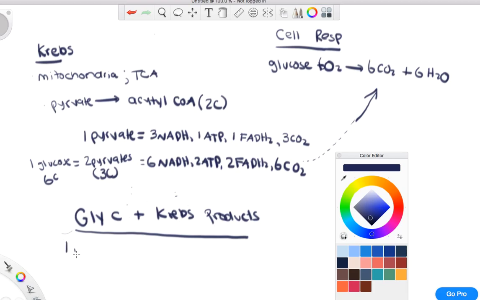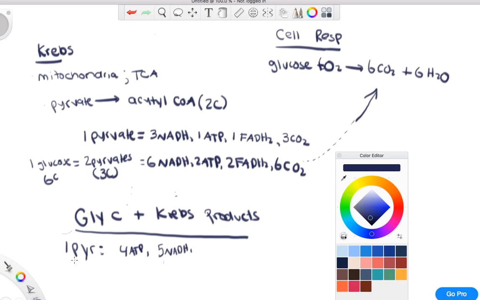So for 1 pyruvate, here's what we're going to get. 4 ATP, 5 NADH.